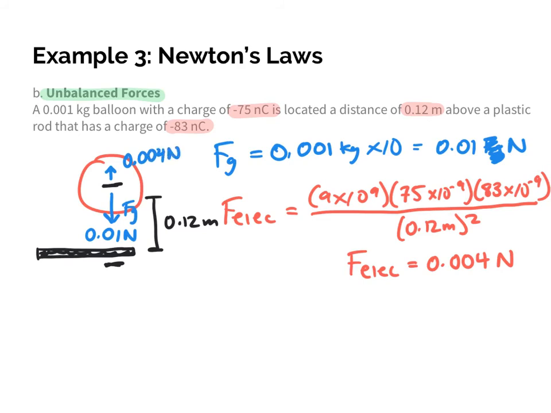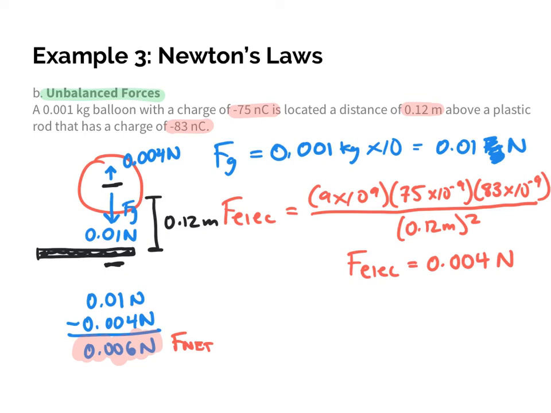I now know that those forces are unbalanced. Since they're unbalanced, if I subtract 0.01 newtons minus 0.004 newtons, that gives me the net force, which should be about 0.006 newtons. That is the net force that the balloon is going to experience.